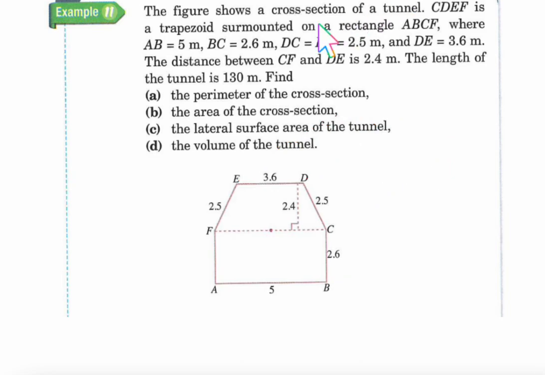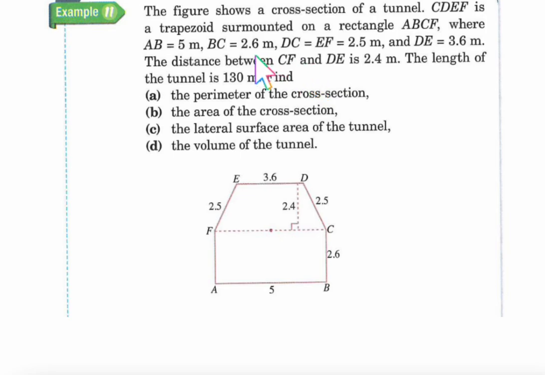And this tunnel is basically a trapezoid, CDEF, surmounted on a rectangle called ABCF. Together they make this composite shape, this solid.